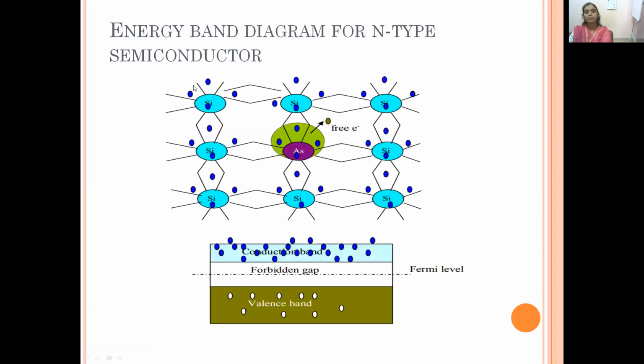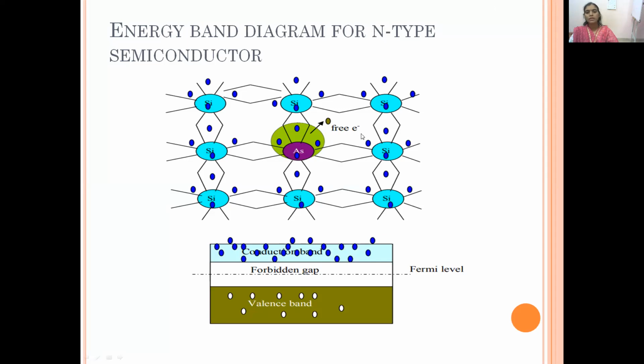See the energy band diagram for the N-type semiconductor. See here, the silicon and arsenic. To understand the formation of N-type semiconductor, consider a pure silicon crystal with impurity arsenic.